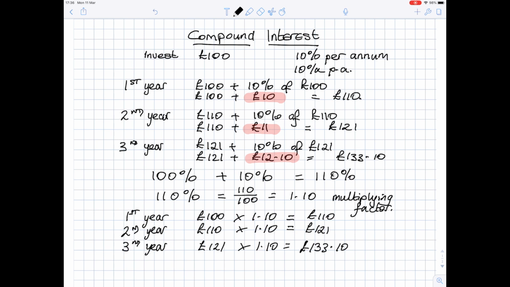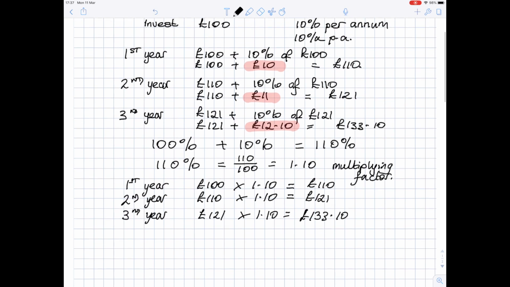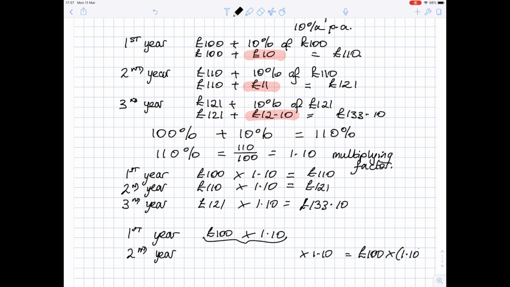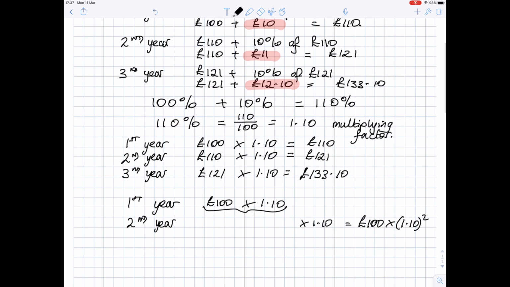And you can actually do it even quicker than that. If you look at what's actually happening, in the first year, you have got £100 multiplied by 1.10. Now all of that for the second year is then multiplied by 1.10. So your actual sum is the £100 multiplied by 1.10 squared.